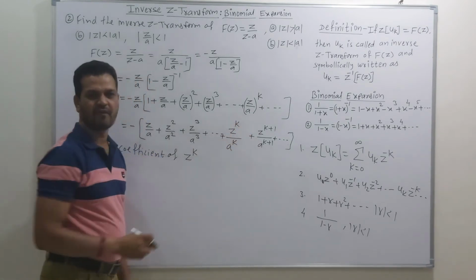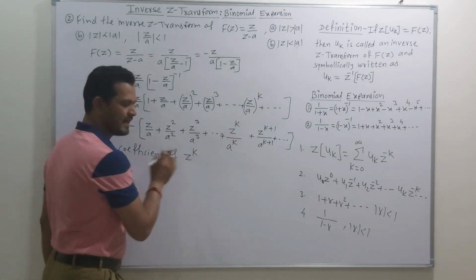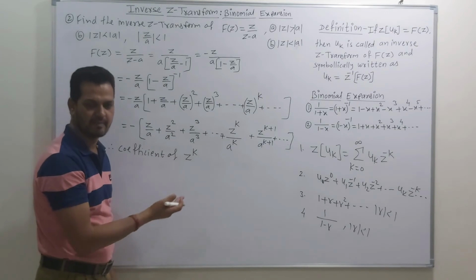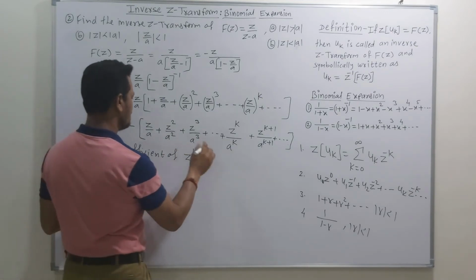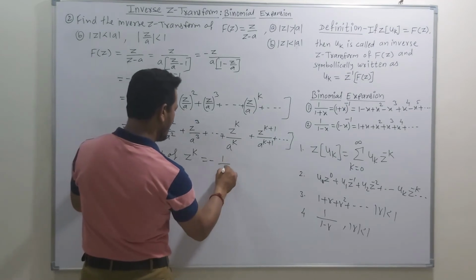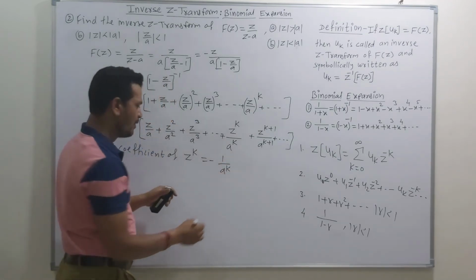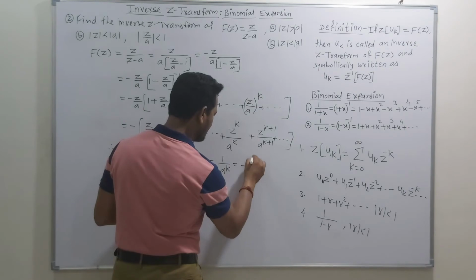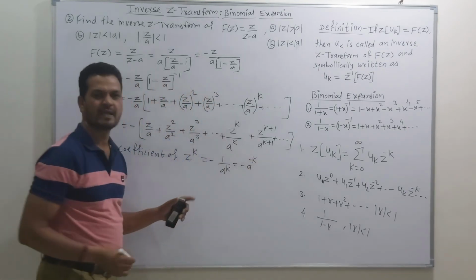So here power of z is positive, that's why we can write this as z raised to k. Afterwards we will multiply this to minus. So z raised to k is equal to, this is minus sign, then this is 1 upon a raised to k. Moreover, we can write this as minus a raised to minus k.